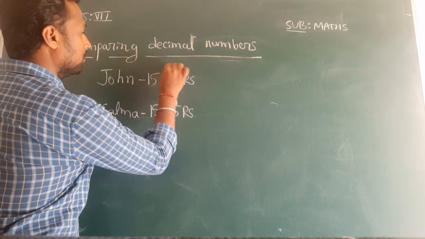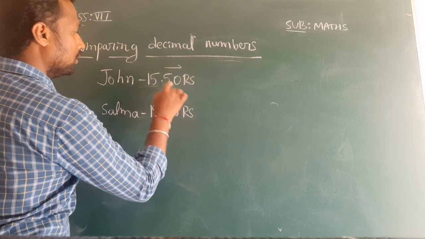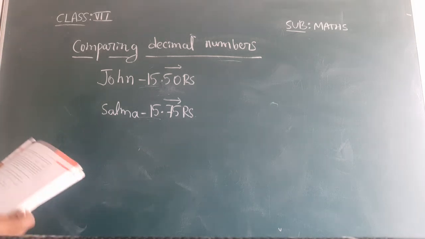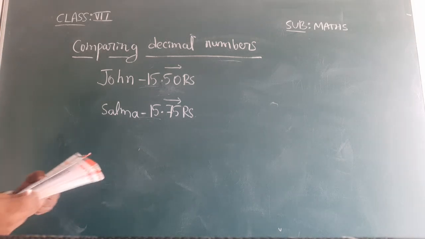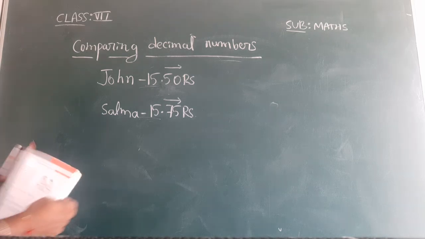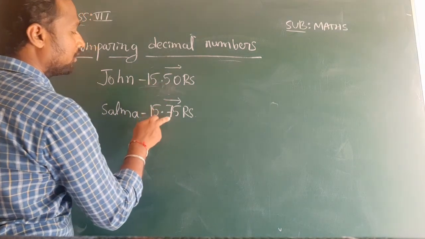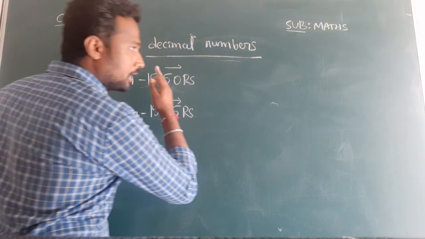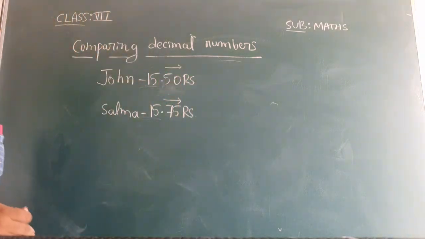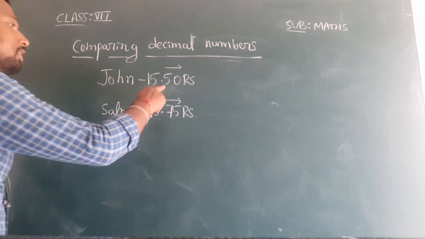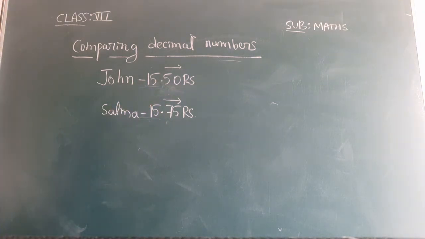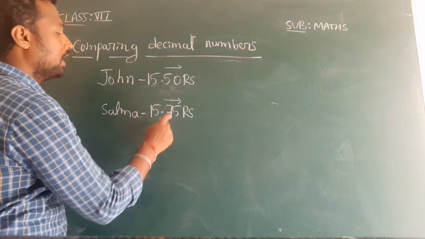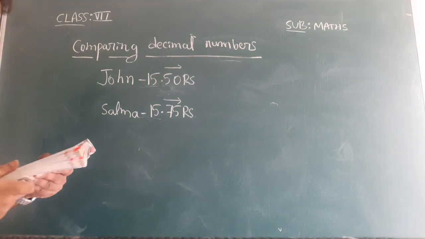On the right part of the decimal point we start comparing from the tenths place, the 1 by 10 place, where here we have 5 and here we have 7. Always when you compare the right side of the decimal point, you start from the tenths place. In the tenths place, the first number has 5 and the second has 7.